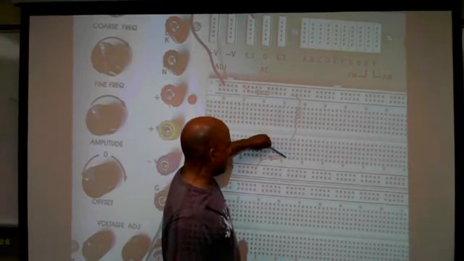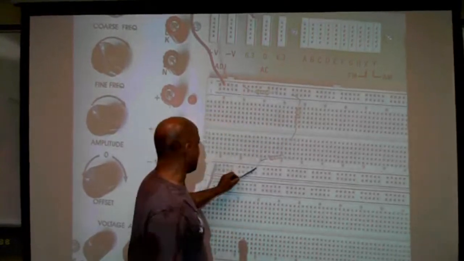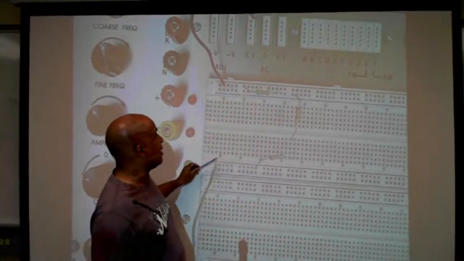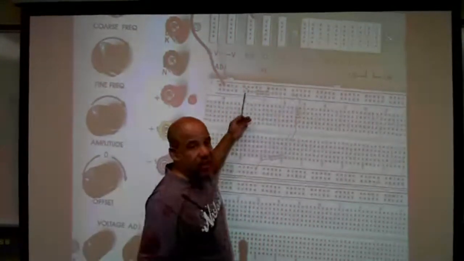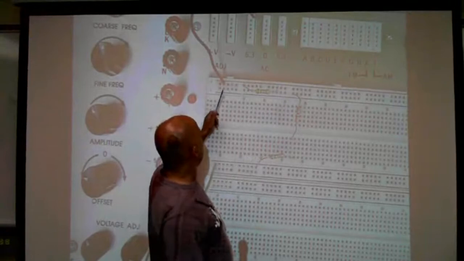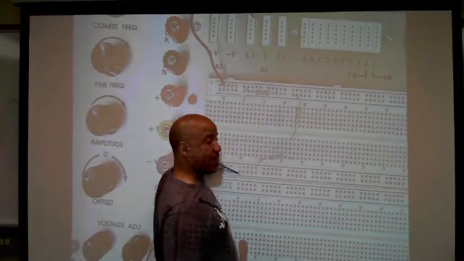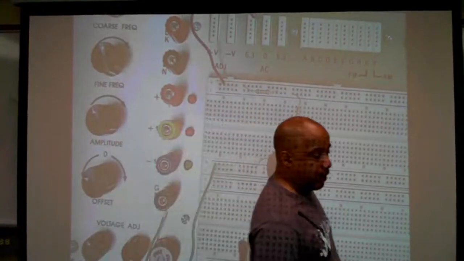Point C is here all the way over to the third resistor. And point D is here all the way over to the negative supply. So for point B, I can grab this resistor or that resistor. Electrically, it's the same. So points A, B, C, D, that's where the points are.